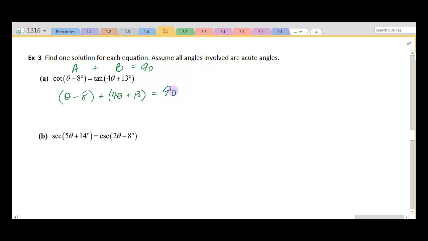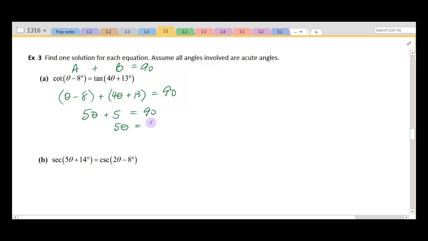Now it's just a simple equation that we're going to simplify. So I have theta plus 4 theta, in other words 5 theta, negative 8 plus 13 gives me a 5, equals 90 degrees, so I'm going to subtract 5 from both sides. 5 theta would be 85, and therefore theta would end up being 17.